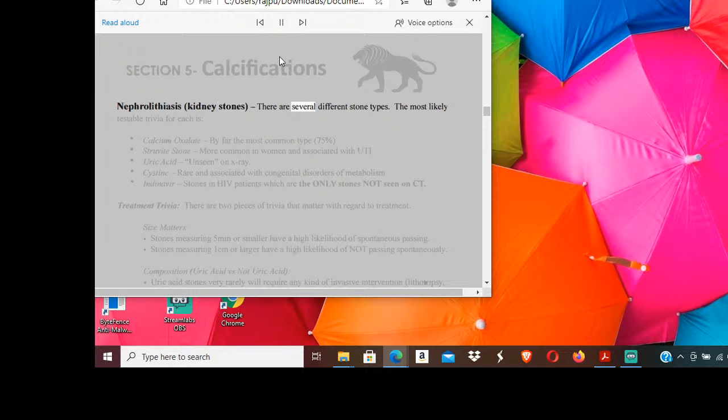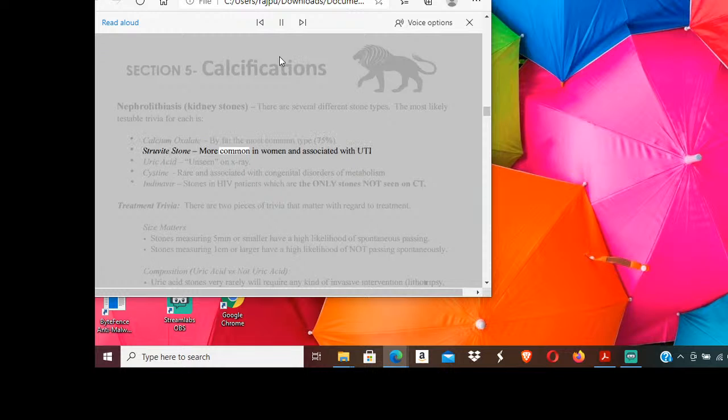Stones. There are several different stone types. The most likely testable trivia for each is: calcium oxalate, by far the most common type, 75%.